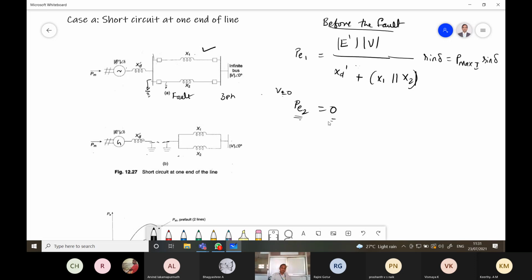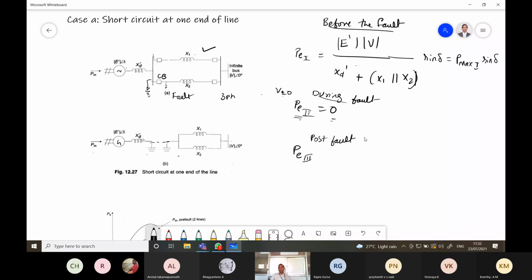So after opening of this circuit breaker, whenever the fault is there, when you open the circuit breaker, what happens to the situation in the power? That is considered as P3. So we can write like this: P1 always before the fault, P2 during the fault, P3 post fault.